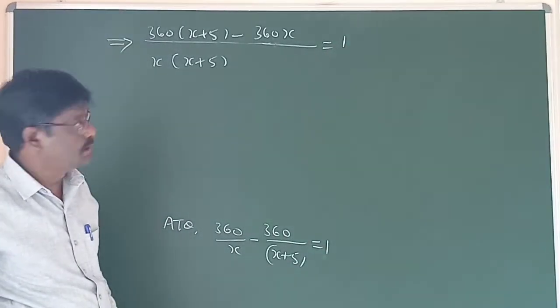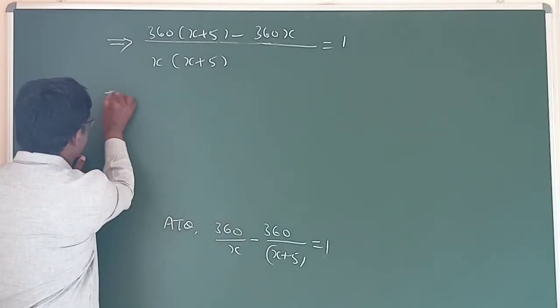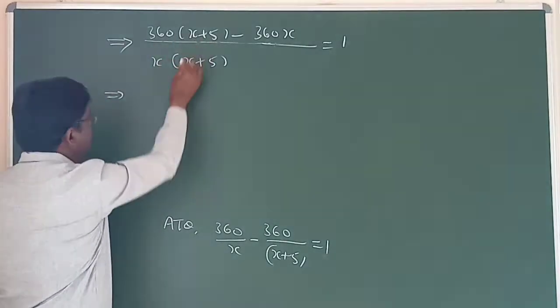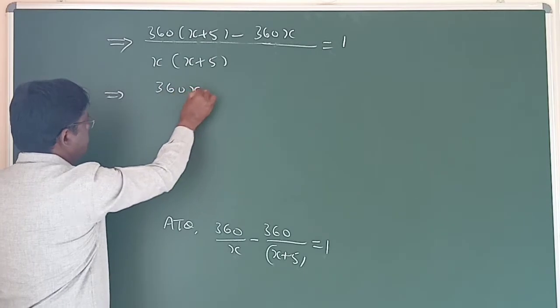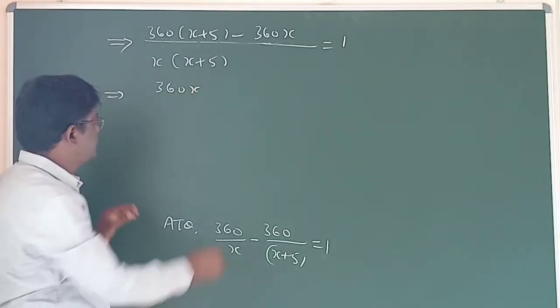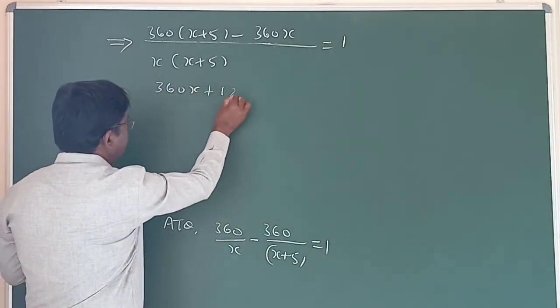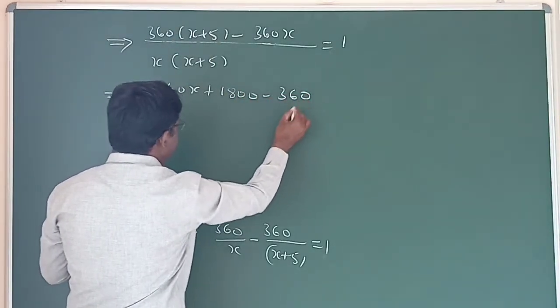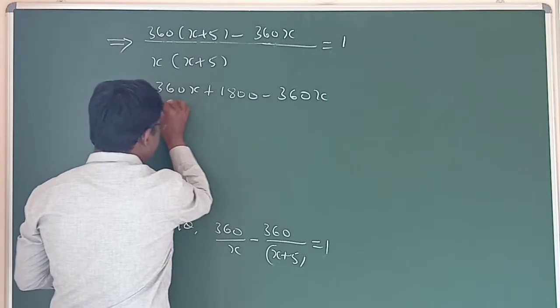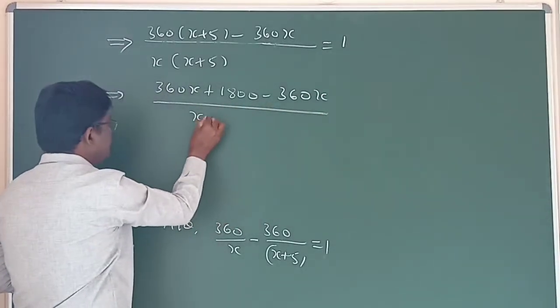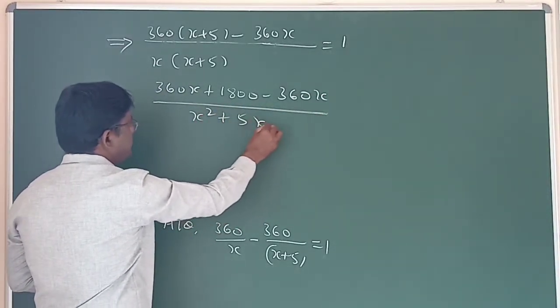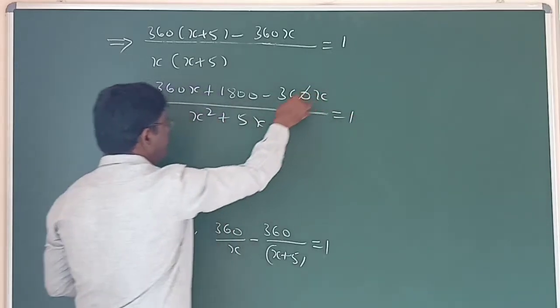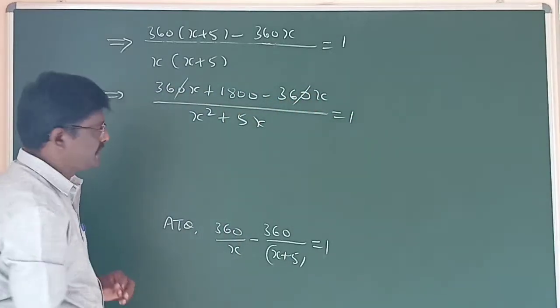Okay. Now this implies 360 into x, 360 x plus 1800, correct? Then minus 360 x whole divided by x into x plus 5 equal to 1. 360 get cancelled.